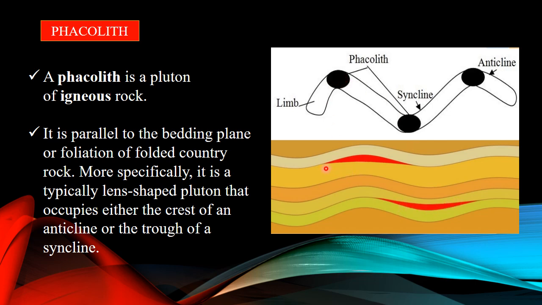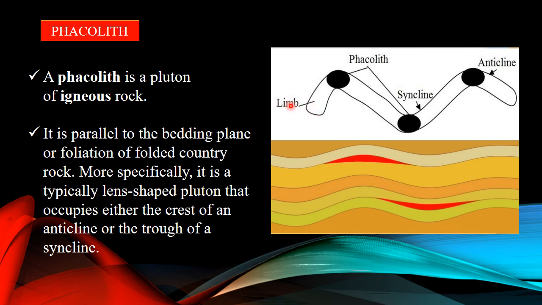This hammock like structure is known as an anticline, and this basin like structure is known as a syncline. So in this way, in the anticline and syncline of the rock formation, the magma is intruded here and forms a solidified compact formation of magma.